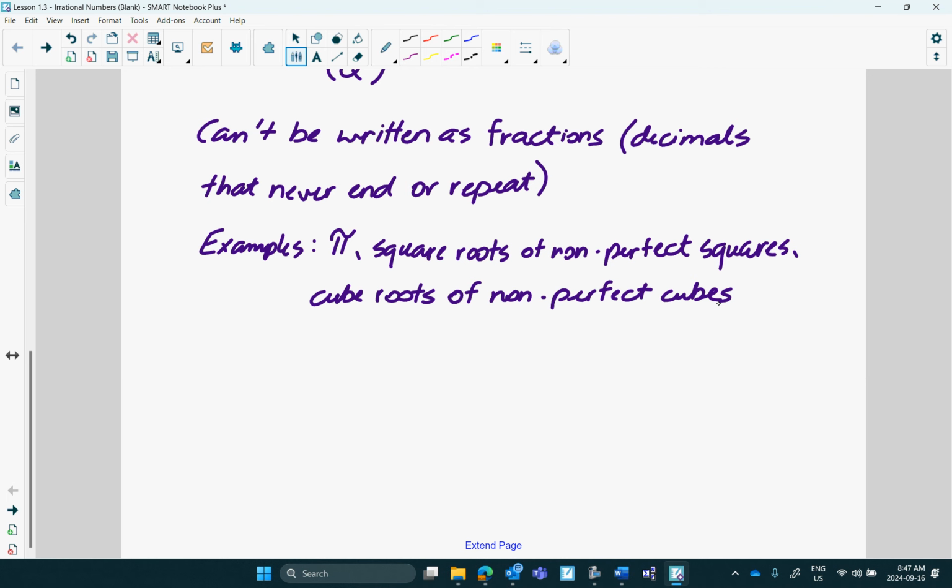Turns out it's a decimal that never ends or never repeats. Same with cube root 2, 3, 4, 5, 6, 7. What about cube root 8? Rational or irrational? Cube root of 8. Rational, because it's 2, which can be written as 2 over 1.